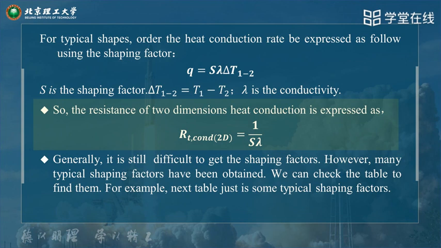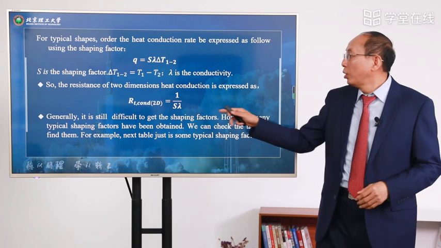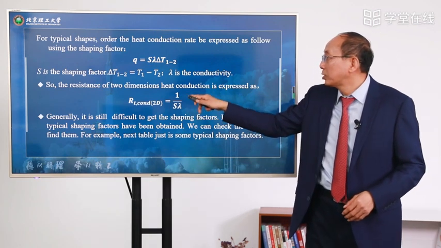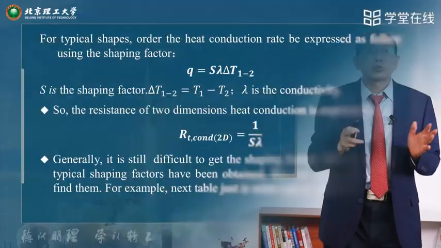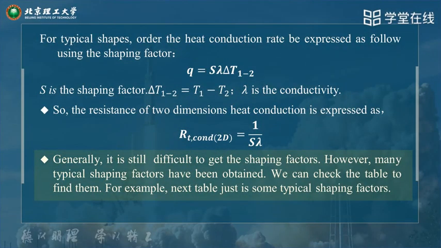So the resistance of two-dimension heat conduction is expressed like this: 1 over S lambda is the resistance only for two-dimension heat conduction. Generally, it is still difficult to get the shape factors.